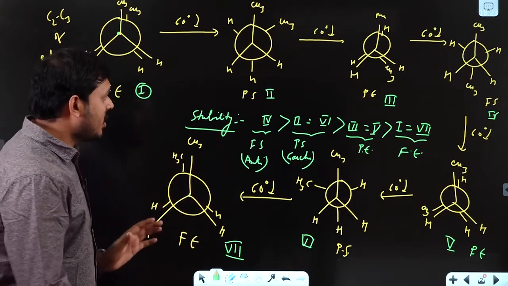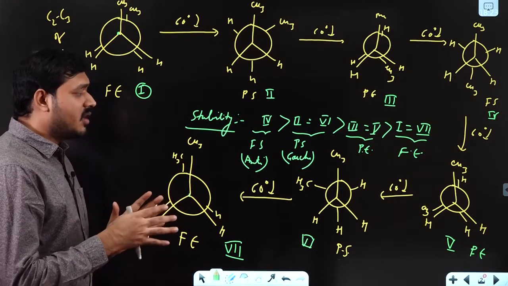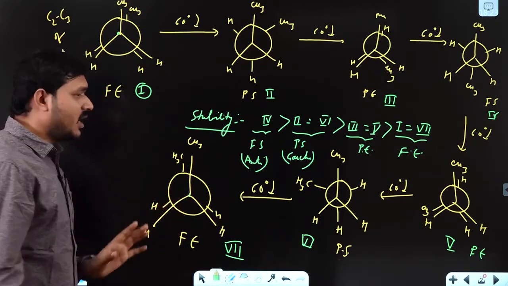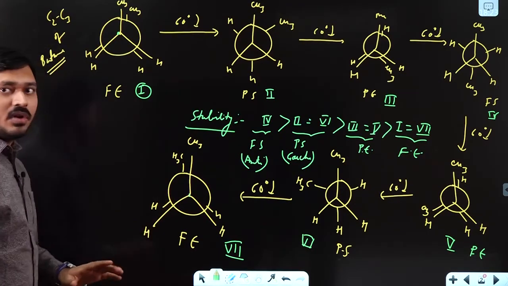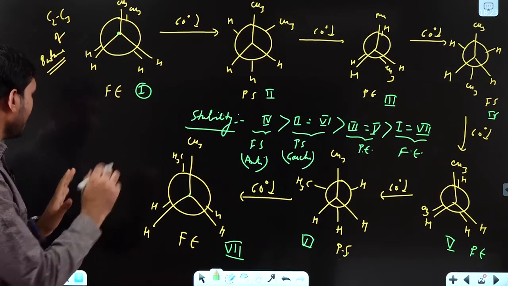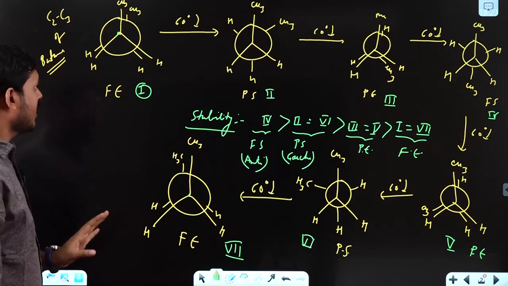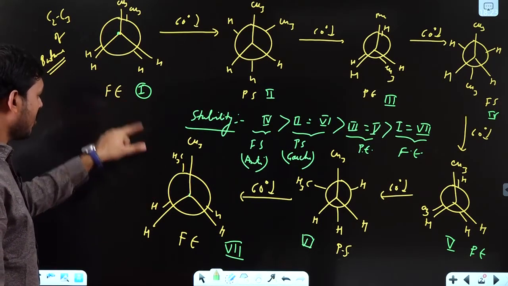So let's draw the potential energy diagram, and you can see what is the conformational rotational energy barrier in case of butane across C2, C3. First of all you draw this complete structure, then I will show the energy form. Here you can see first and 7th are almost similar, right?